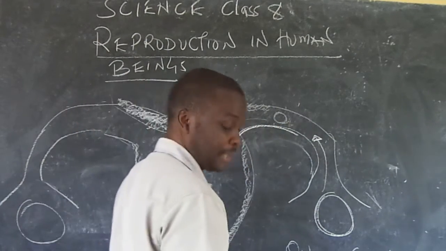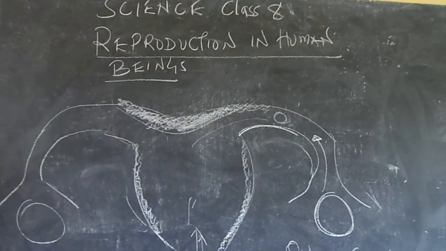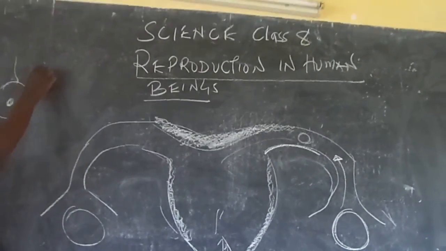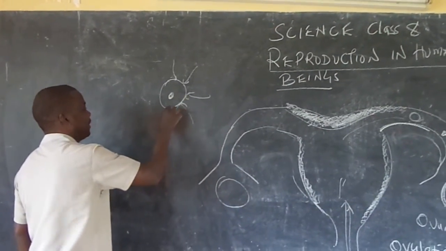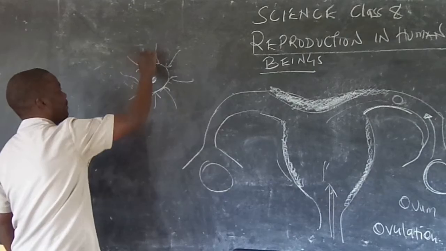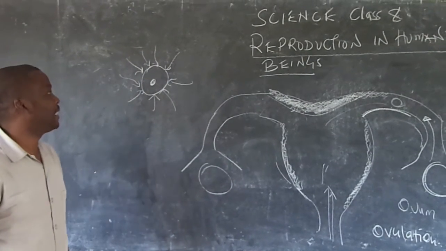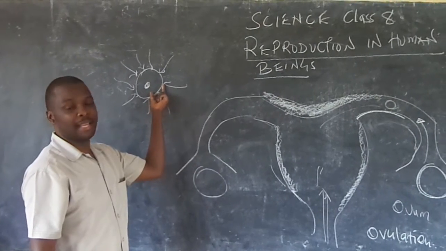So you'll find that this is one egg, but there are so many sperms coming for it, fighting for the spaces. But it's only one sperm that will break the egg.